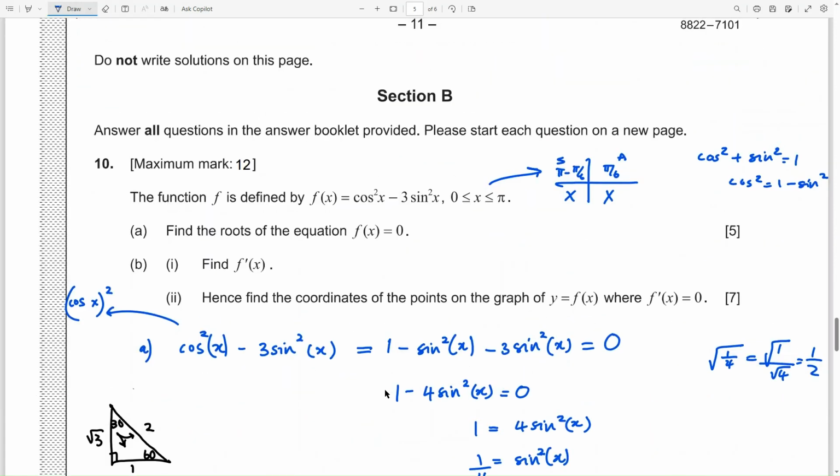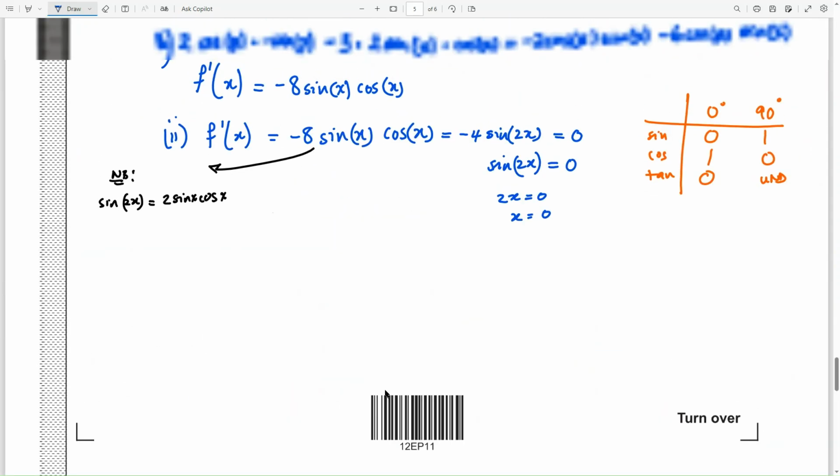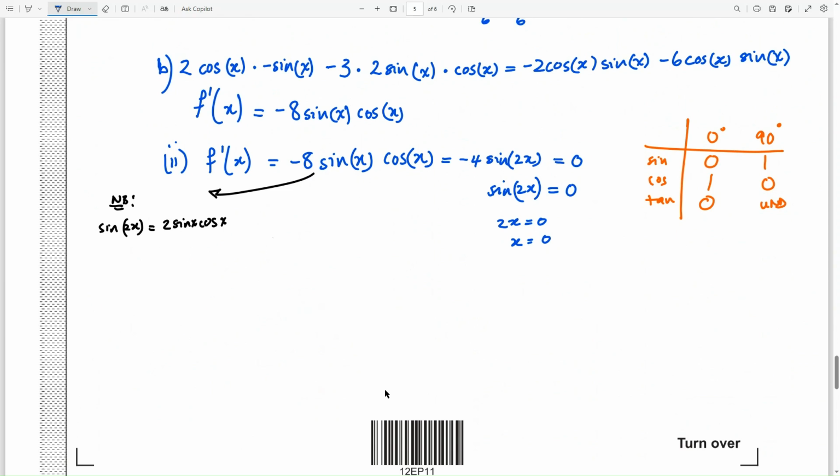Let's see if there's another way to get 0 with sine. 2x can also be equal to, I think pi does work. I think 180 is also a 0-degree angle for sine.